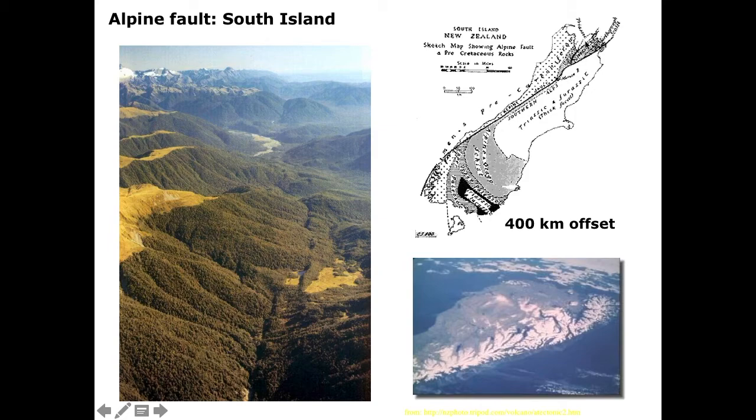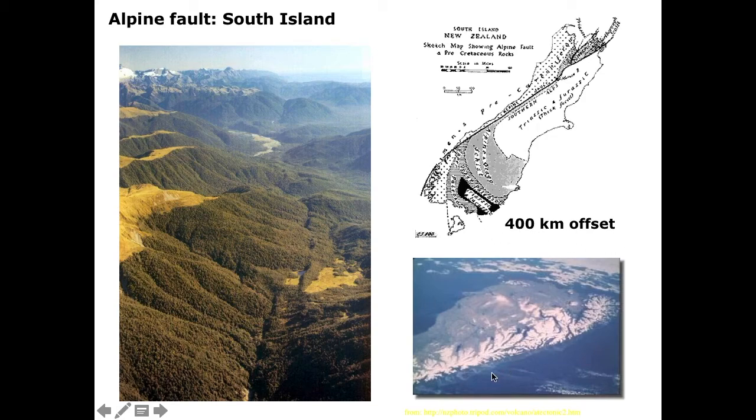The same rocks are found up here. So there's some really distinct rock units that sort of bend in here, and they bend in a way that looks as if they've been dragged along the fault. So this is another right lateral fault, and then you find them again up here. So there's quite several hundred miles, 400 kilometers of offset.